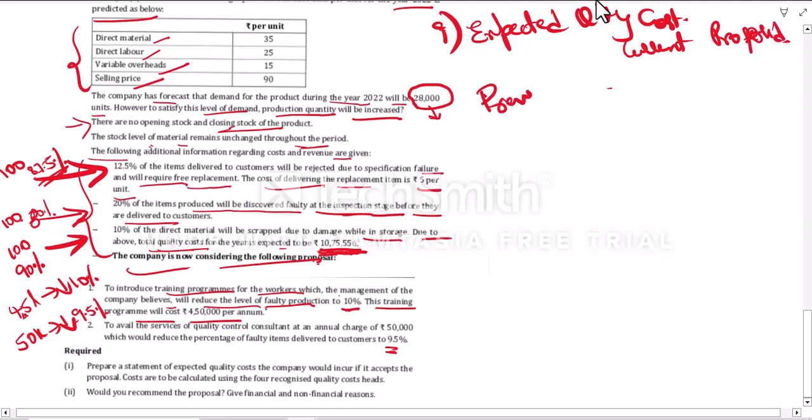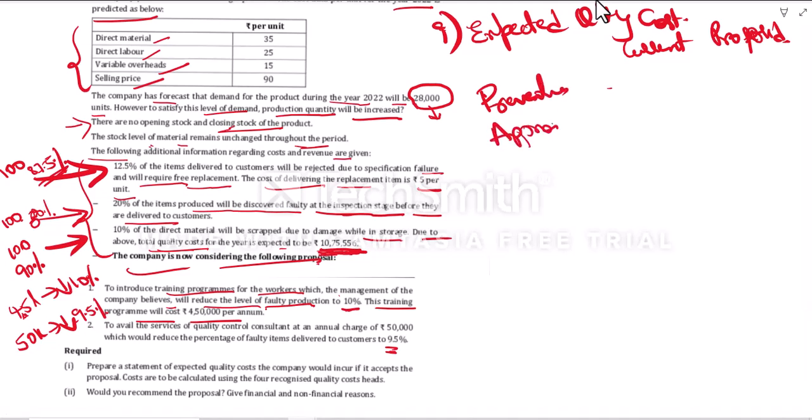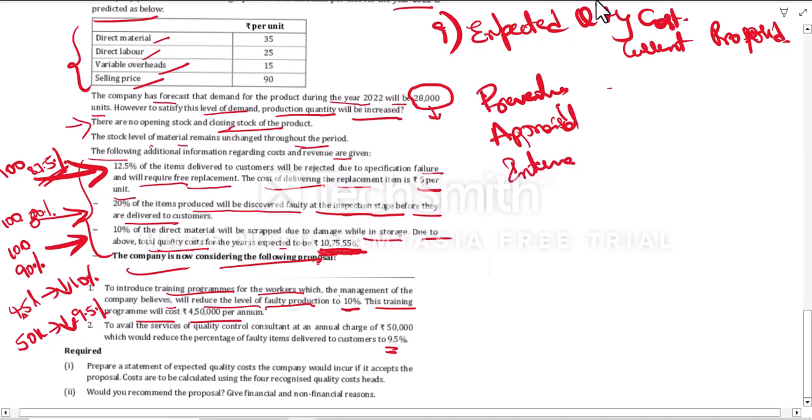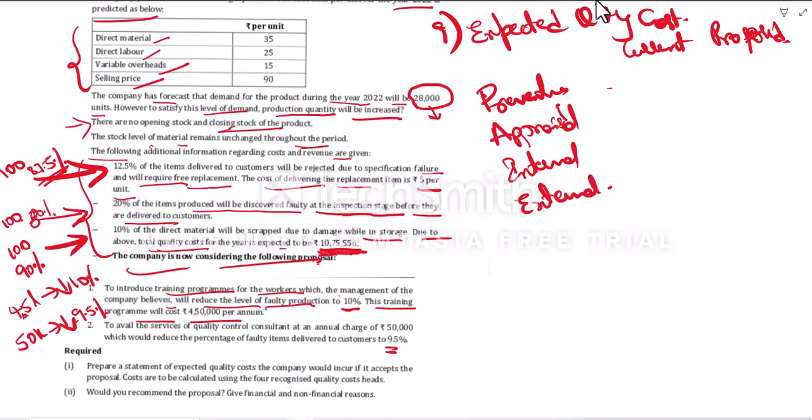What are the costs? Preventive, appraisal, internal failure cost, external failure cost. We have to bifurcate among them. But they did not give which is the preventive cost, which is the internal failure cost, all that they haven't given. But we know two in the new scheme, this 4,50,000 and this 50,000.